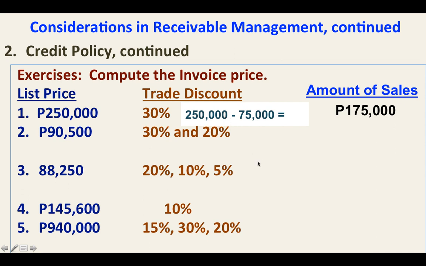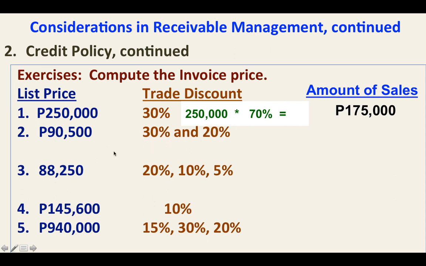But we can have only one calculation. We can do it like this, 250 times 70%. Why 70%? Because the discount is 30. So the remaining amount will be the amount of sales, 70%. So in this case, it is also the same, 175. This shortcut is much easier to use for a series of discounts.